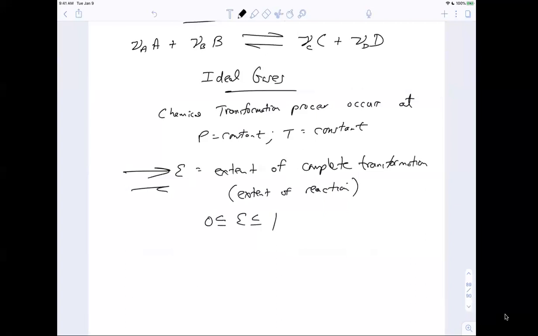And this great discussion so far has made it clear that we're going to have all 4 species present. So epsilon, this extent of the transformation, how much of that complete transformation has occurred, it's not going to be 0 and it's not going to be 1, but we don't know if it's 1/2 yet. So that is the central question. Thanks for the segue.